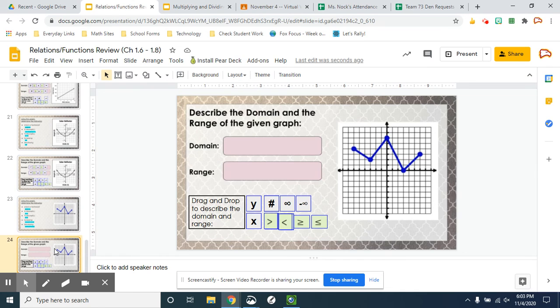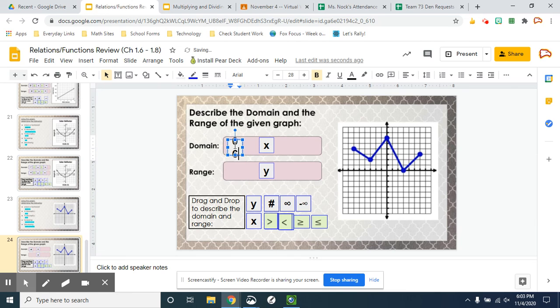All right, very last one. We are doing the domain and range. Once again, x for our domain, y for our range. For our domain, we're looking for how far left and then right it goes. The farthest left it goes is -6, and so all of our x values are to the right of that.